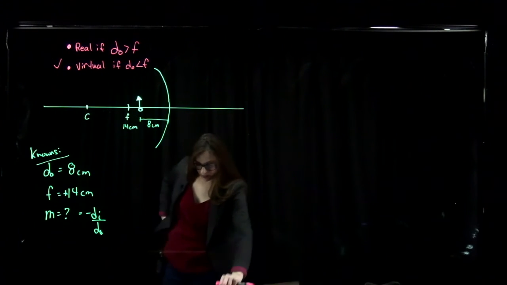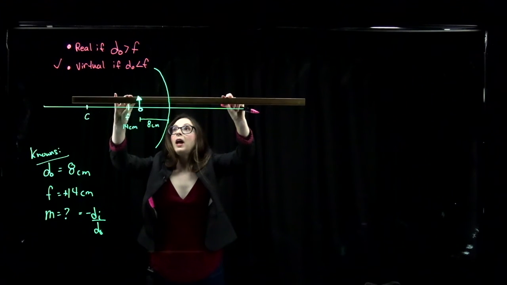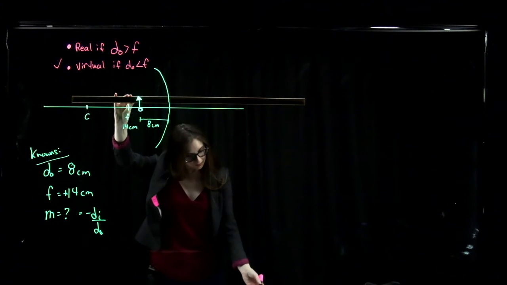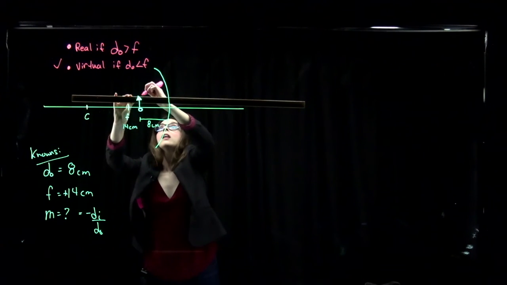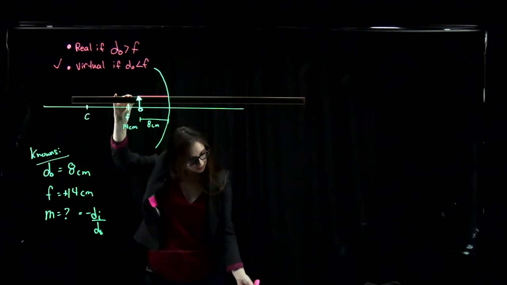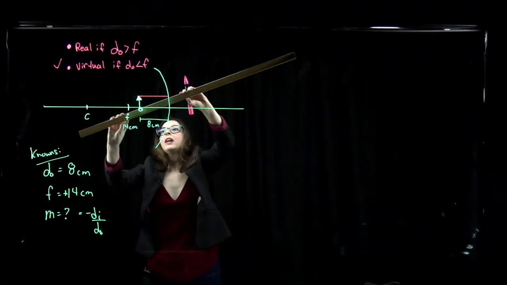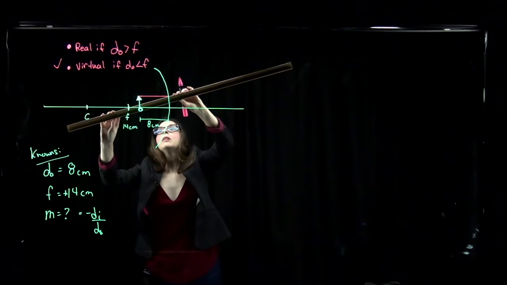Okay, so what does that mean? I'm going to draw my ray parallel to the axis here, and then that ray is going to be reflected through the focal point of the mirror on the same side. So it's going to be reflected through my focal point.